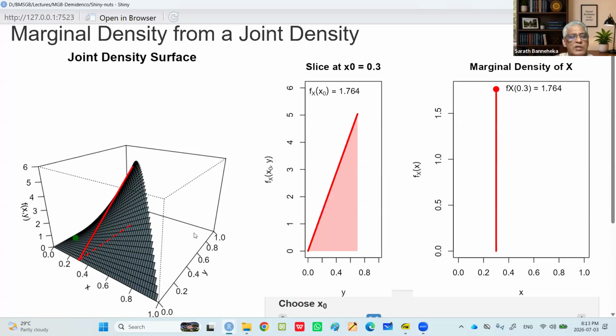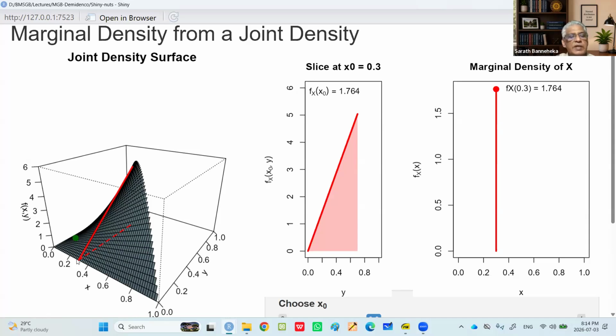So in this case, if you cut at 0.3, this is the line that you would be going through on the floor here. So it's going to a certain point here on the floor, and this is the cross section that you will see when you cut this vertically at x equal to 0.3.